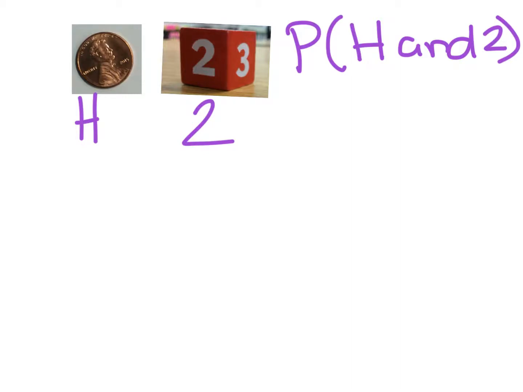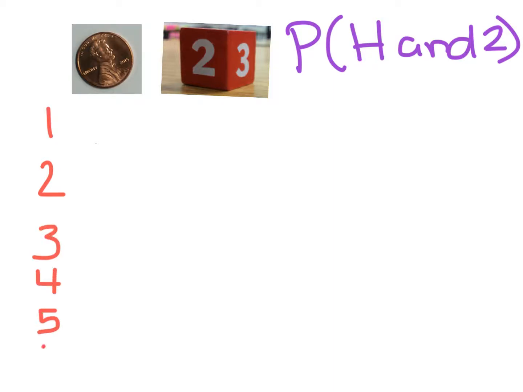So what are the outcomes that we could possibly get on this number cube? Well, we could possibly get a 1, a 2, a 3, a 4, a 5, or a 6. So that's what I'm going to do here. 1, 2, 3, 4, 5, or a 6.